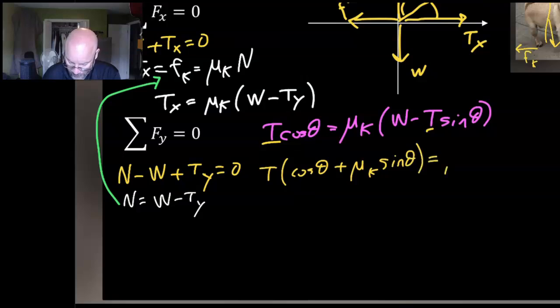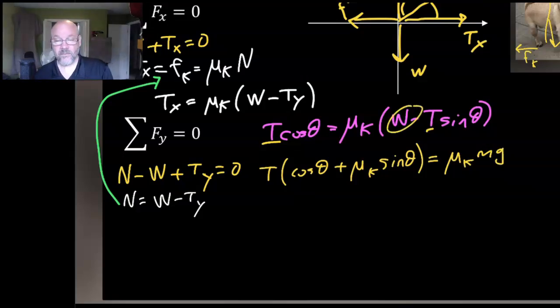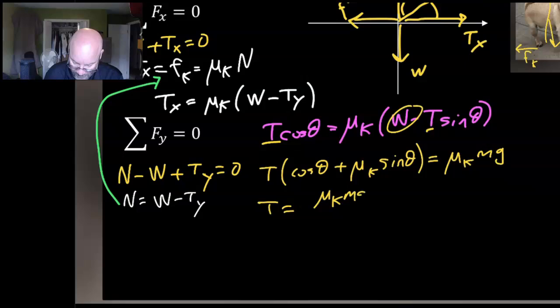And that's going to be equal to mu k mg, where W is mg, of course. So my tension then is going to become mu k mg over cosine theta plus mu k sine theta.